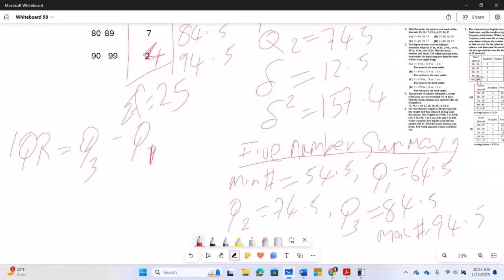The third quartile is 84.5 and the first quartile is 64.5. 84.5 minus 64.5 is 20. Therefore, the interquartile range is 20.